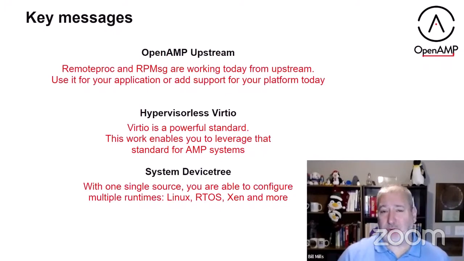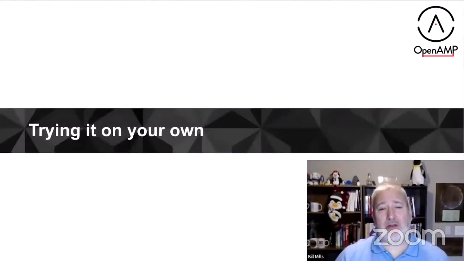For system Devicetree, the main concept is that a single source file can let you configure all the different runtime environments: Linux, RTOS, Zen, bare metal, and others. All right, so now we want to show you how you can try some of these things that we showed you today on your own.